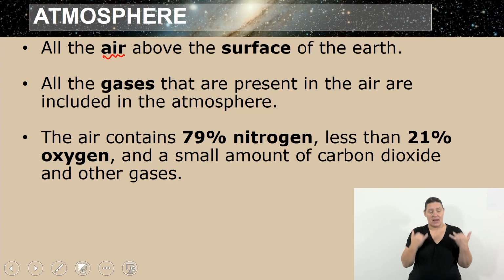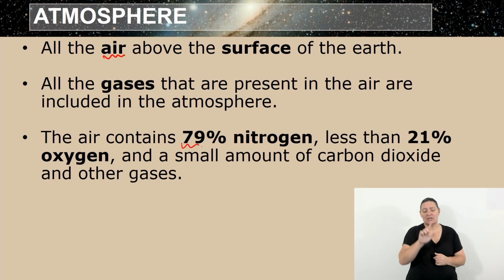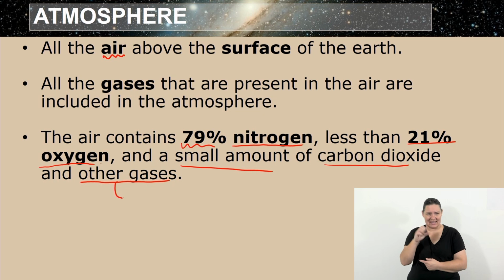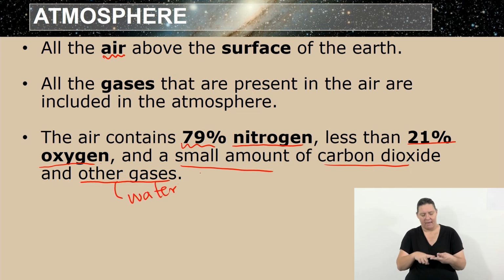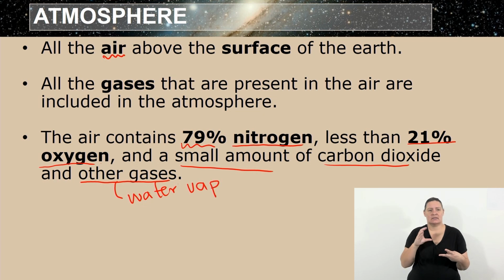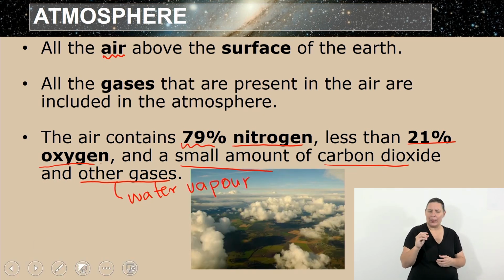Here we are also saying about 79% of the air is nitrogen, and less than 21% is oxygen, and a small amount is carbon dioxide and other gases. Other gases here, we can say water vapor as well as carbon dioxide. They have a small percentage in the atmosphere, okay?